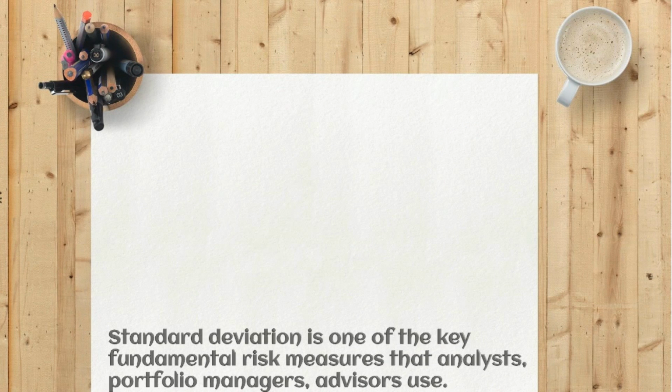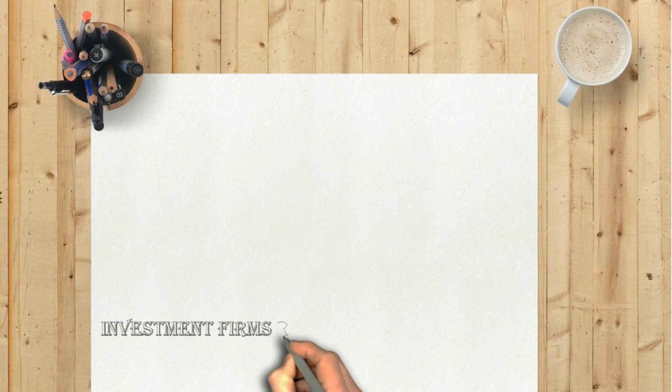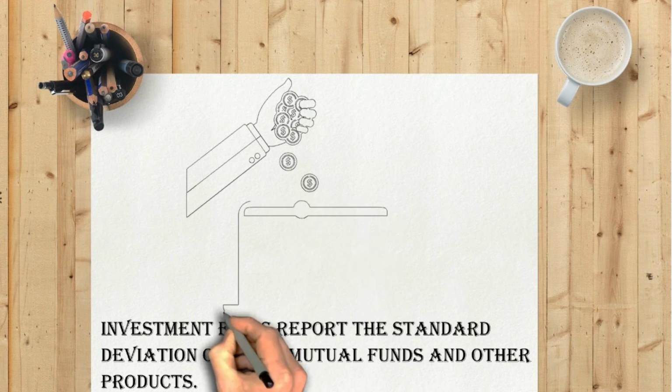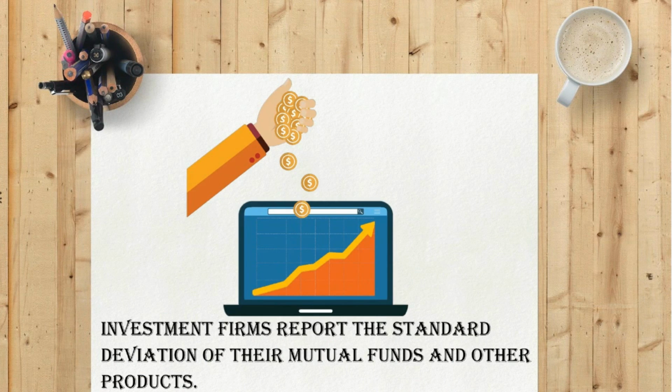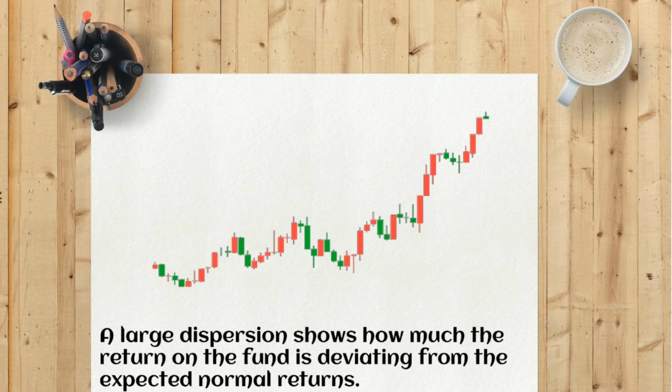Standard deviation is one of the key fundamental risk measures that analysts, portfolio managers, and advisors use. Investment firms report the standard deviation of their mutual funds and other products. A large dispersion shows how much the return on the fund is deviating from the expected normal returns.